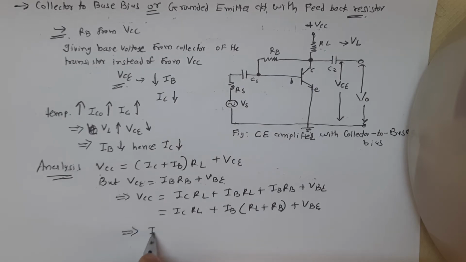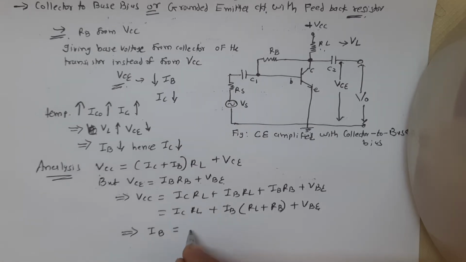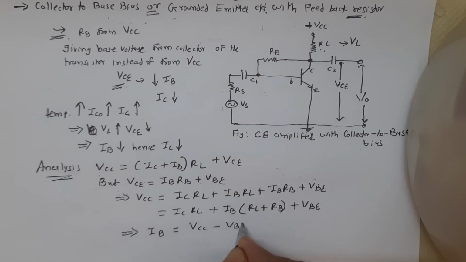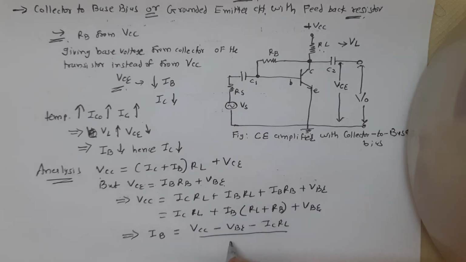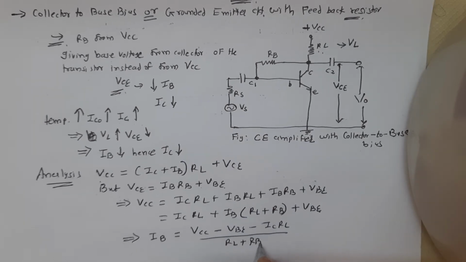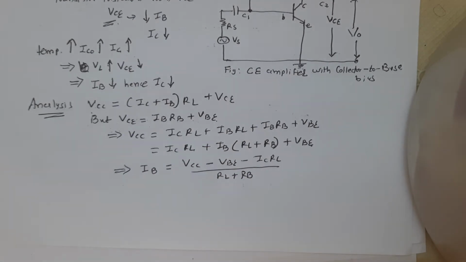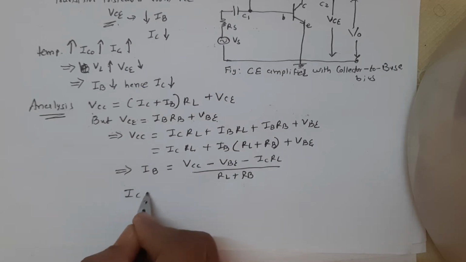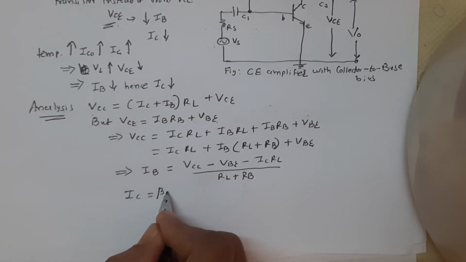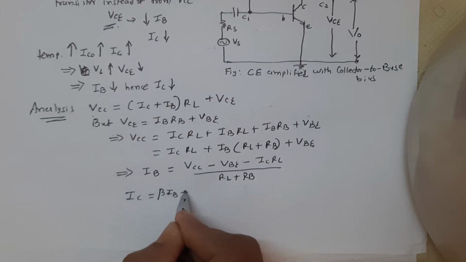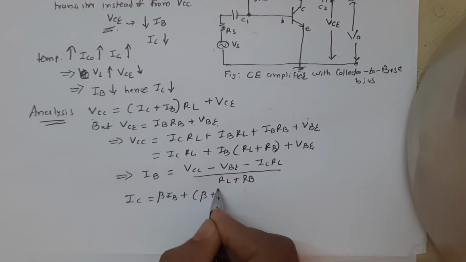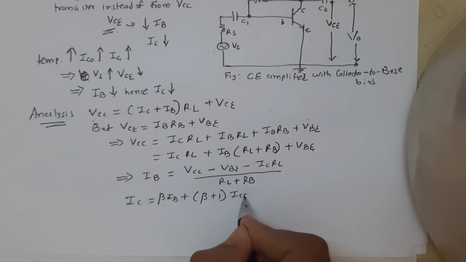Making IB the subject, IB is equal to (VCC minus VBE minus ICRL) upon (RL plus RB). We know that IC is equal to beta IB plus (beta plus 1) ICO.